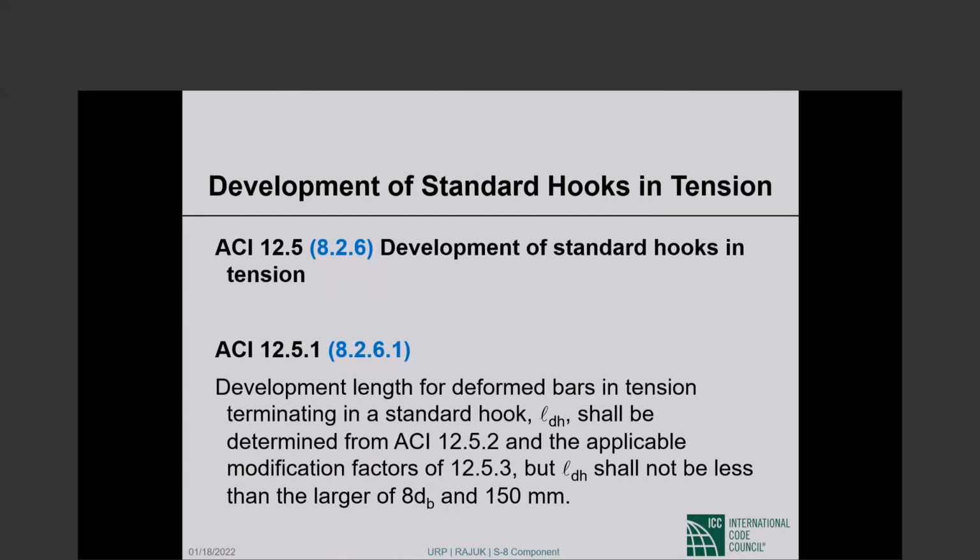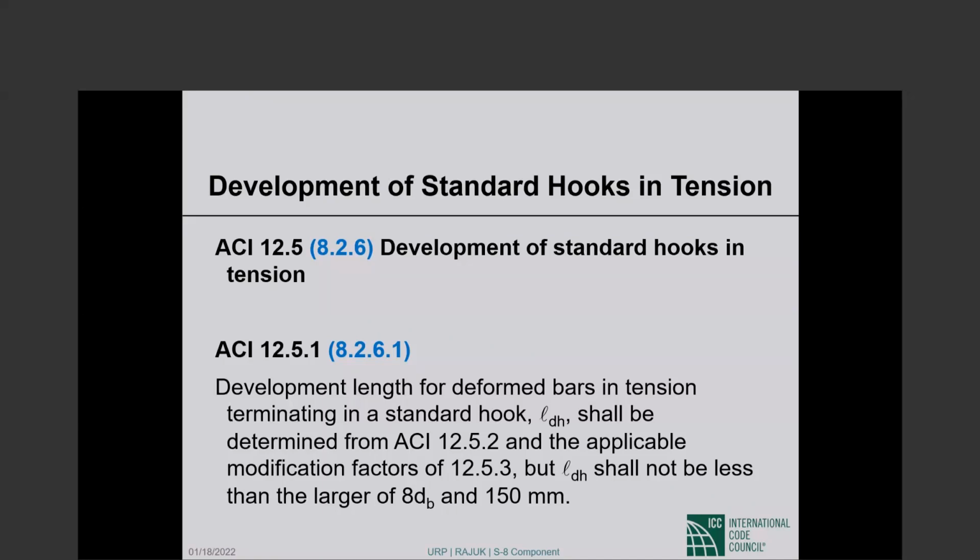Now development of standard hooks in tension. Okay, standard hooks are defined in ACI 318. And we may go into that a little bit on one or two of the slides. Standard hooks as defined in ACI 318. So development length for deformed bars in tension terminating in a standard hook.